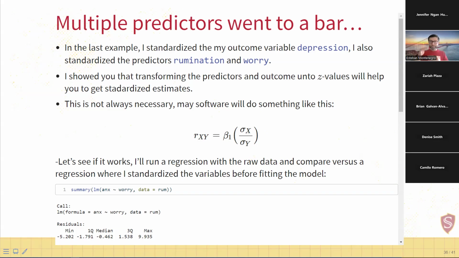If I want to compare which variables are superior to other variables in terms of explanation, yes, you will have to standardize. But if what you care about most is just getting an estimate for each predictor, it doesn't matter too much. But this is one way you can do it.